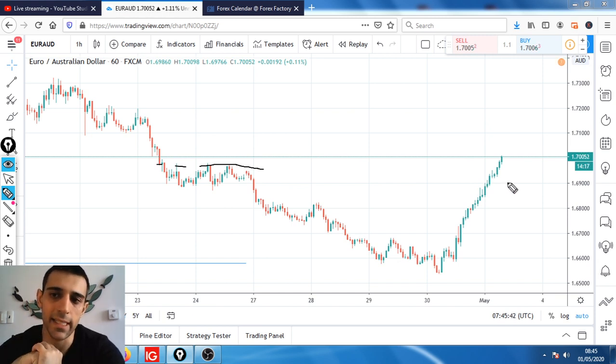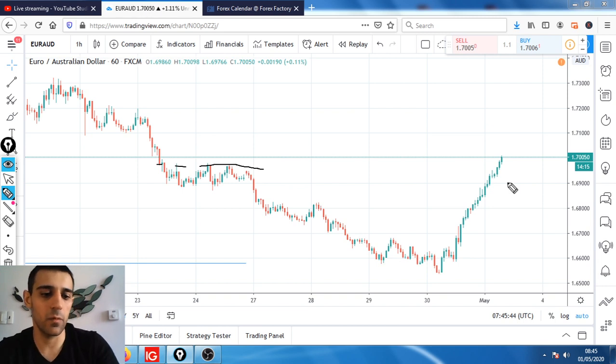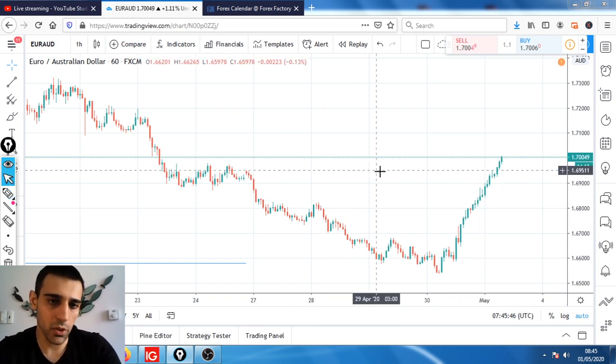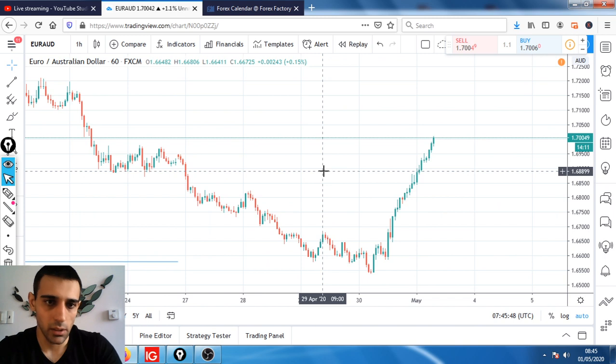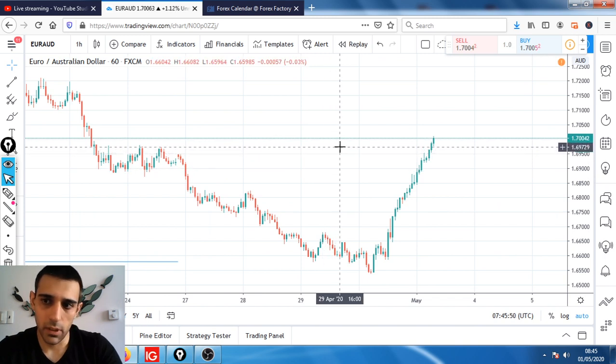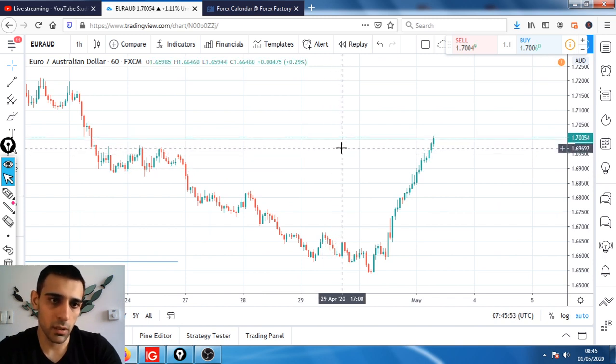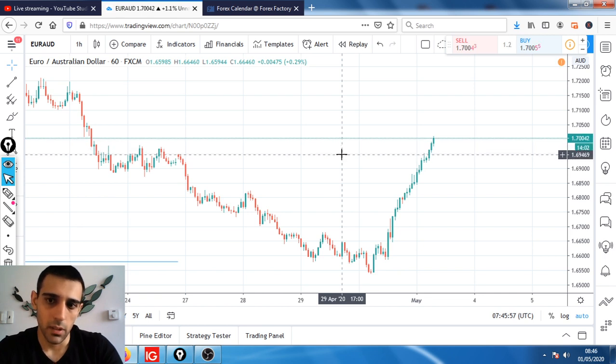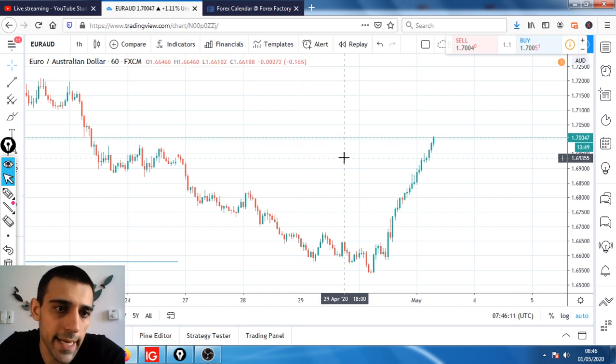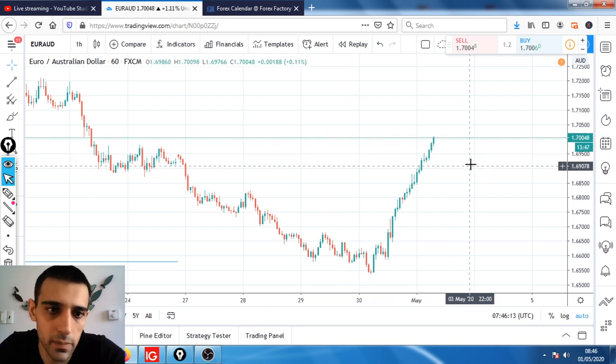So 169.70 as the entry, and for the stop loss, it's a tricky one. This is more like a swing trade rather than a day trade on this particular occasion.